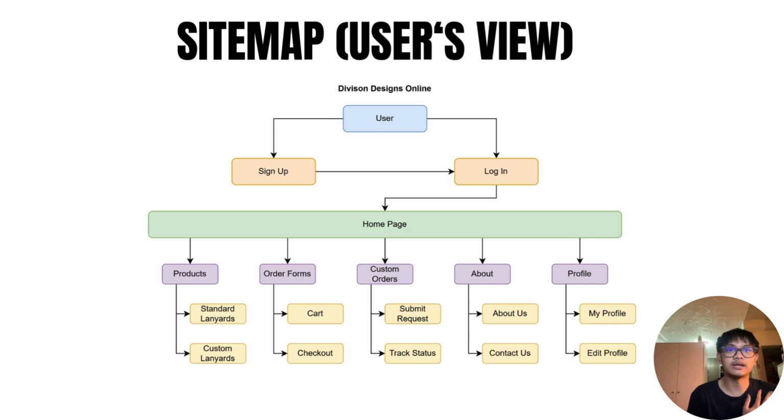And there is also an about section, which contains information about the company and contact details. Lastly is the profile section, which allows users to view and edit their personal information. So this structure ensures that users can easily navigate the platform, complete purchases, and manage their accounts efficiently.